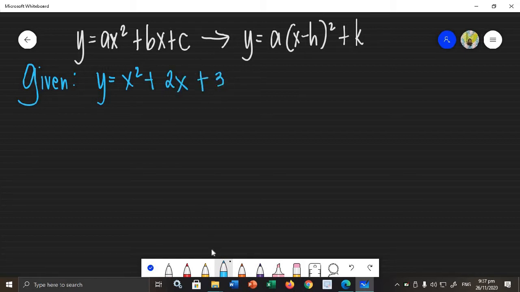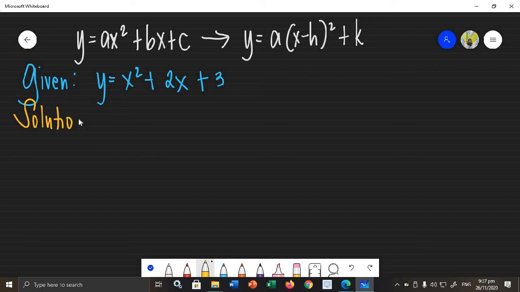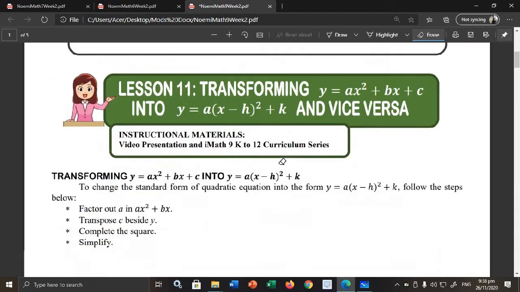But first, before we solve this given, we will check the steps on how we are going to change this into this form. So let us go back to your module.